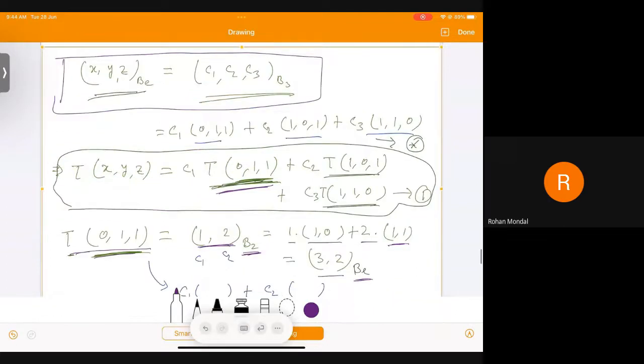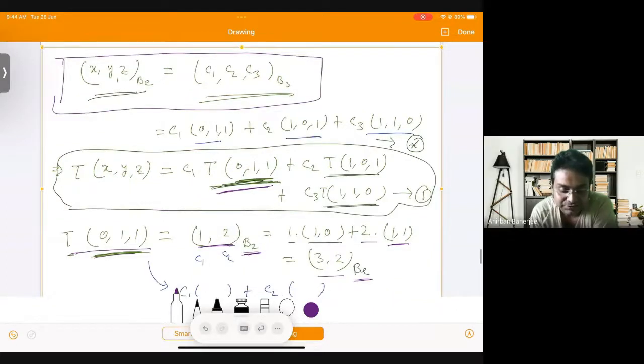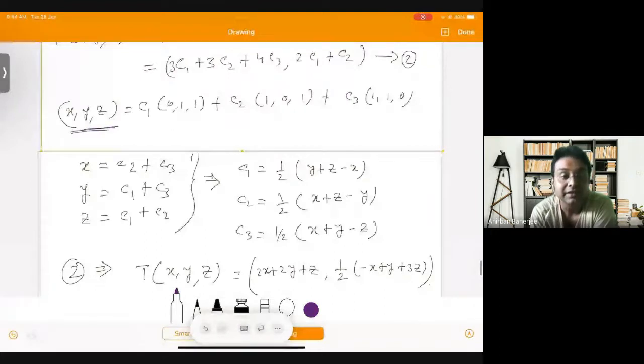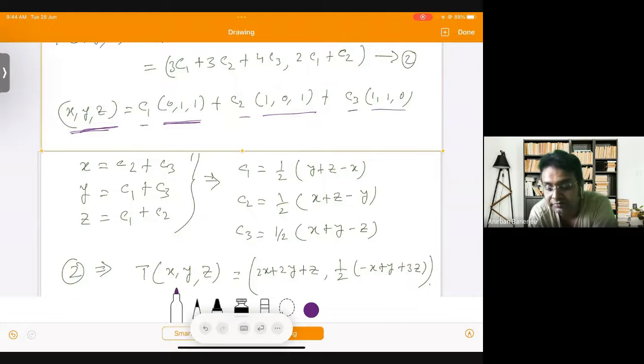So that means xyz can be expressed as a linear combination with respect to the basis B3: c1 times the first basis vector in B3, c2 times the second basis vector in B3, and c3 times the third basis vector in B3.